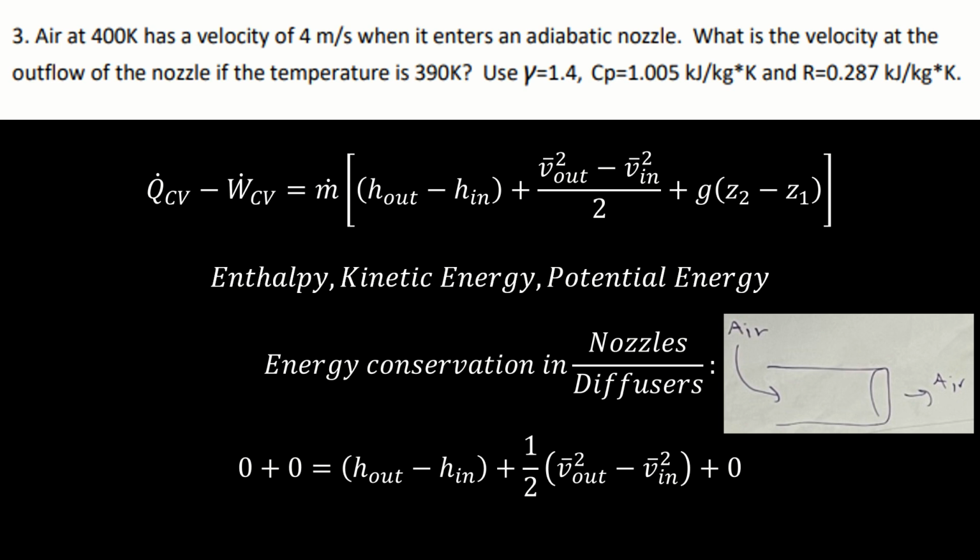Well, our Bernoulli equation in this case is the heat transfer of a controlled volume minus the work transfer of a controlled volume equals the mass flow rate, m dot, multiplied by the difference in our specific enthalpies between the outflow and the inflow, plus the difference in our squared flow velocities divided by 2, plus our gravitational acceleration times the change in height.